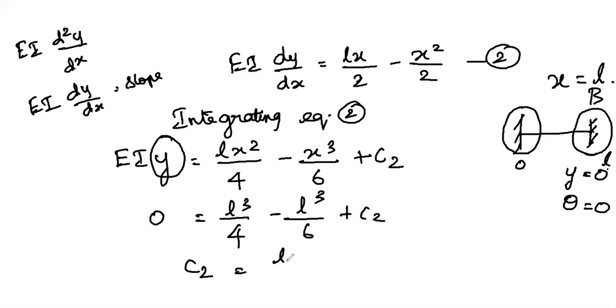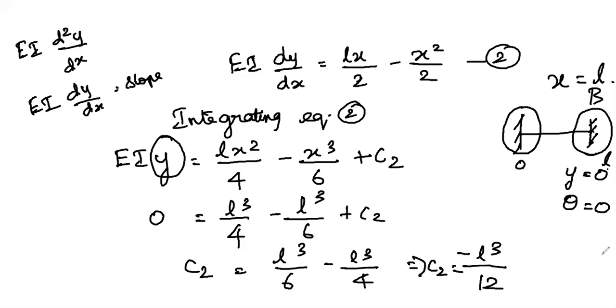So C2 equal to L cube by 6 minus L cube by 4. Upon simplification, what comes is minus L cube divided by 12. This is the value of C2.